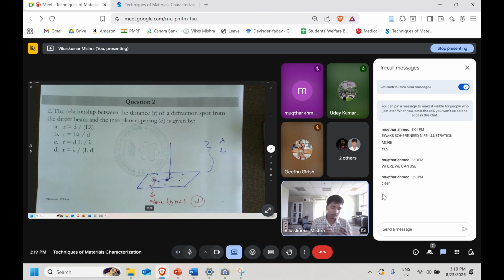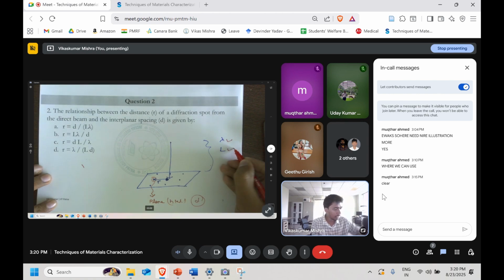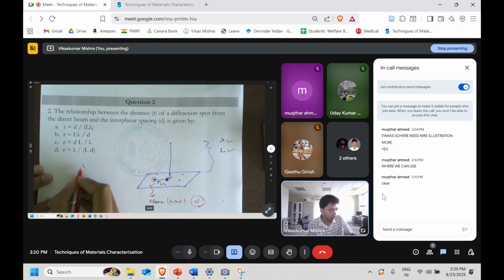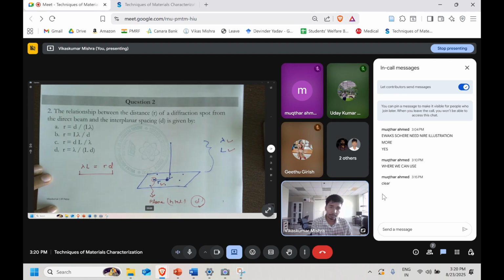The mathematical formulation we did in the class relates lambda, L, R, and d. So lambda times L will be equal to R times d.